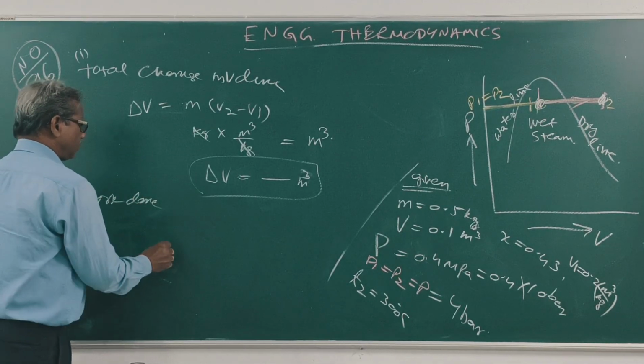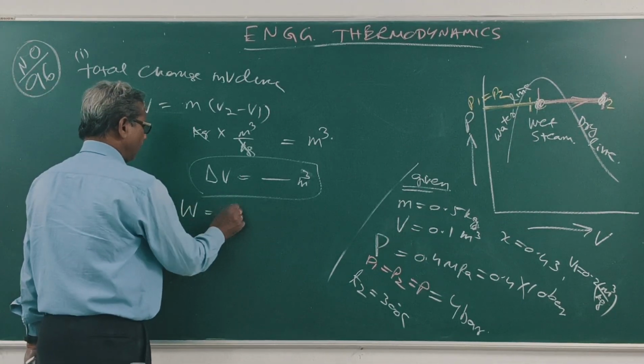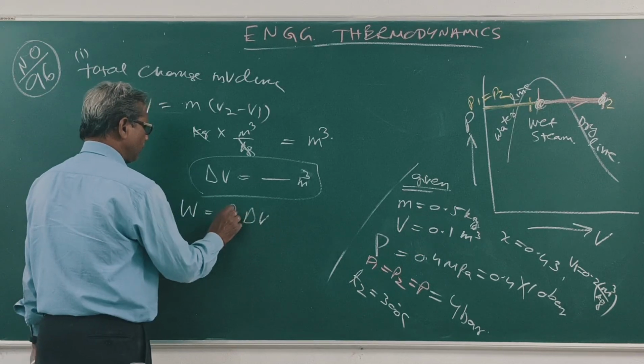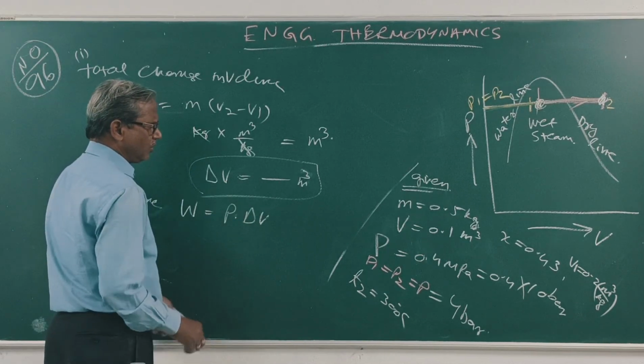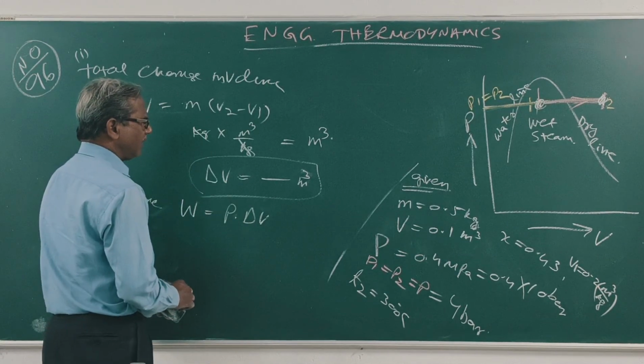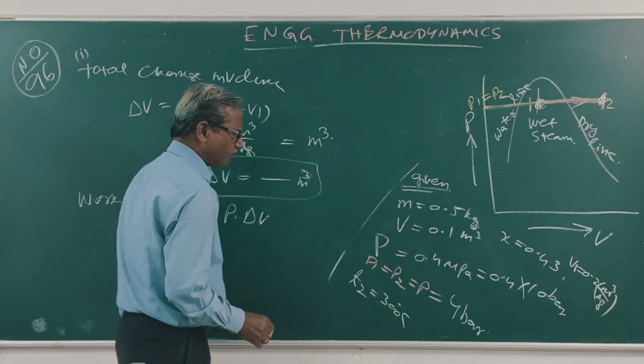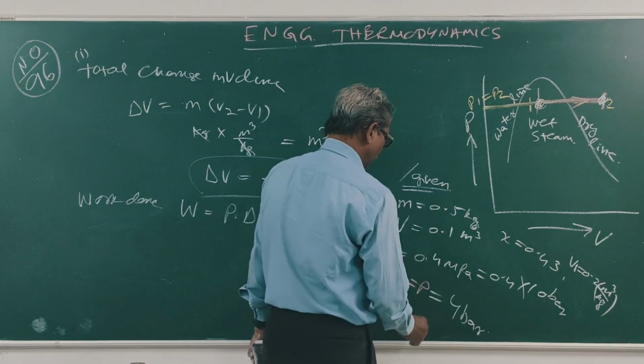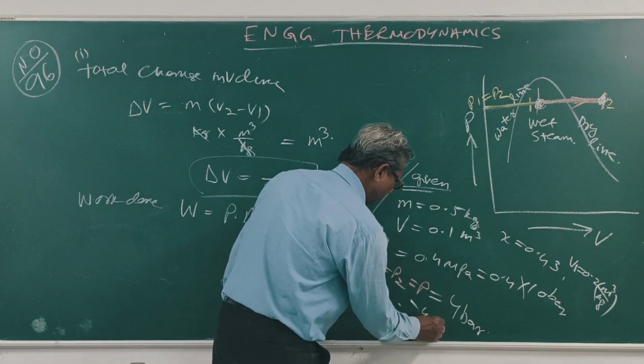Now work done. W is equal to P into delta V. What is P? 4 bar. Clear? 4 bar means 400 kilopascal.